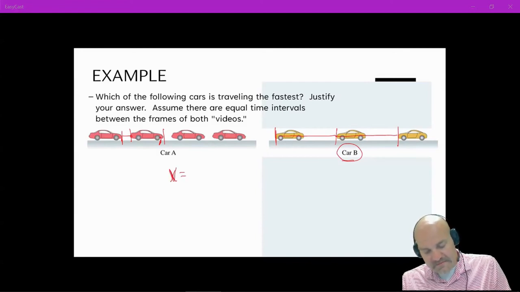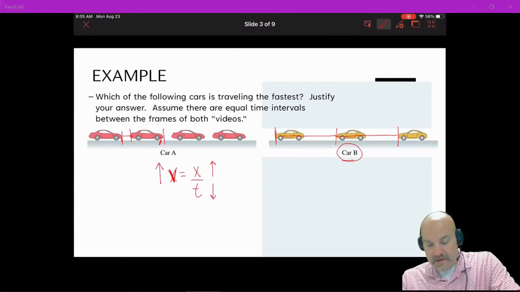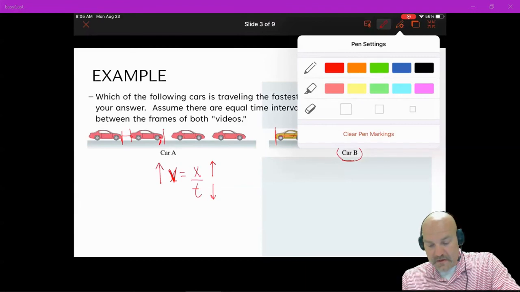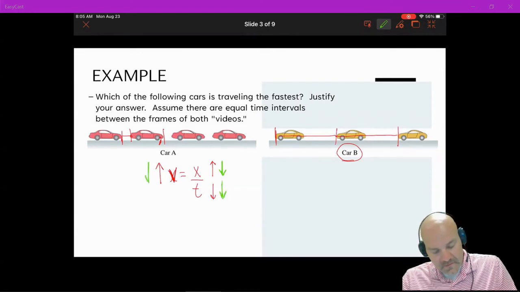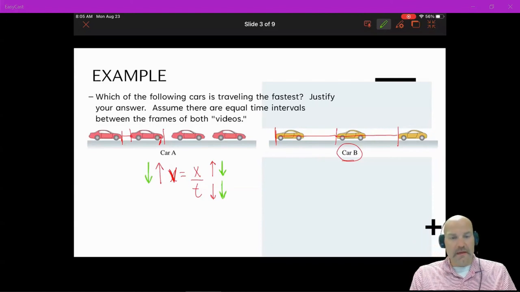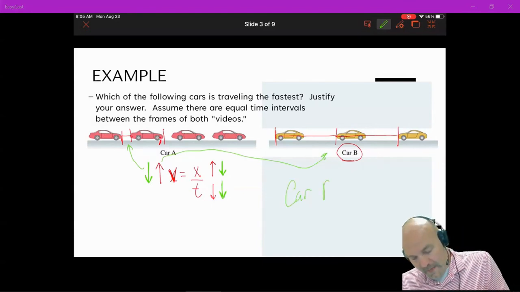Speed is distance over time, so larger distances in shorter time mean larger speeds. The opposite is also true: a shorter distance in the same amount of time would produce a smaller speed. So the green would be car A and the red would be car B.